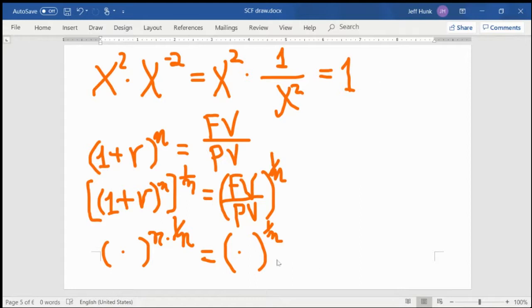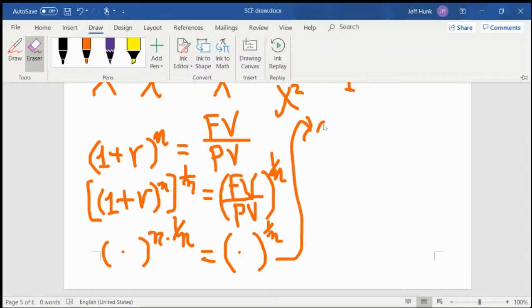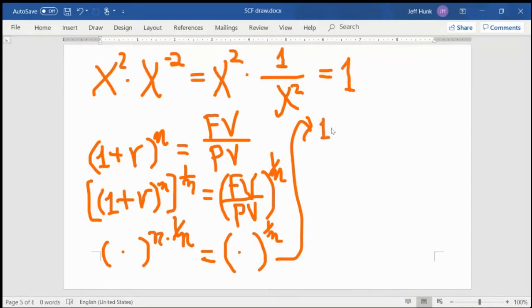So on the left-hand side, only 1 plus r remains, and on the right-hand side, only the thing in the bracket remains, which is FV over P, or present value, raised to 1 over n.